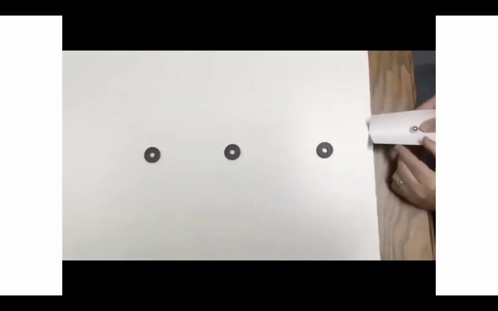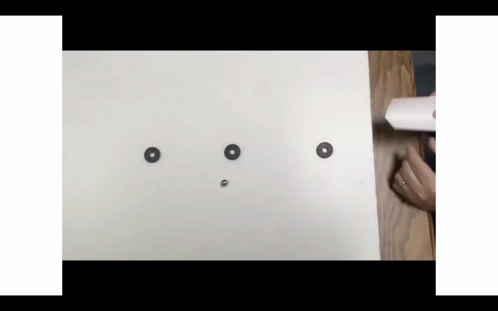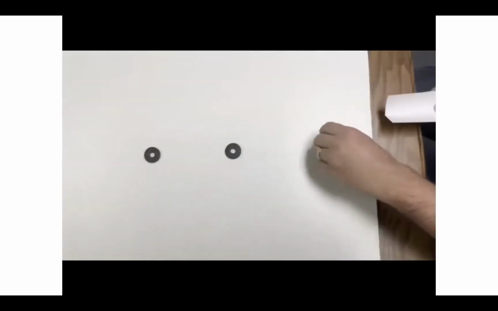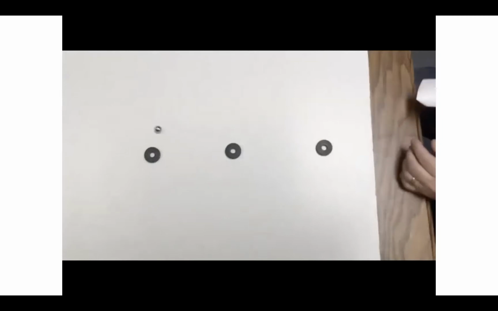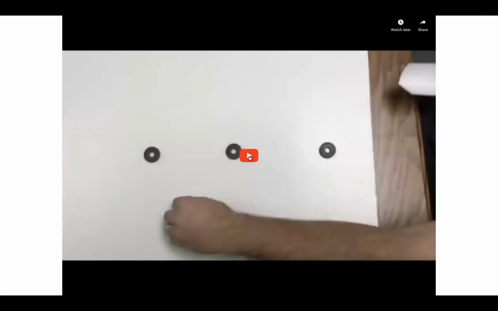Well, that was all kind of almost. Nope, flew off into space. And there, I finally got it to go past the 2 like it's supposed to, where it curved to the left and then to the right and got past that third one. So at the end, I finally did it right once.